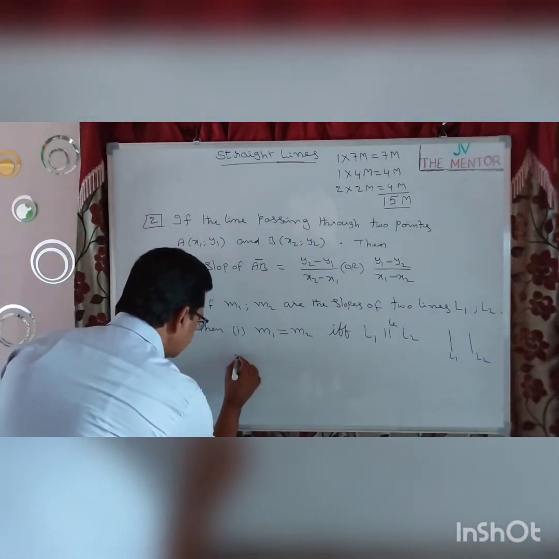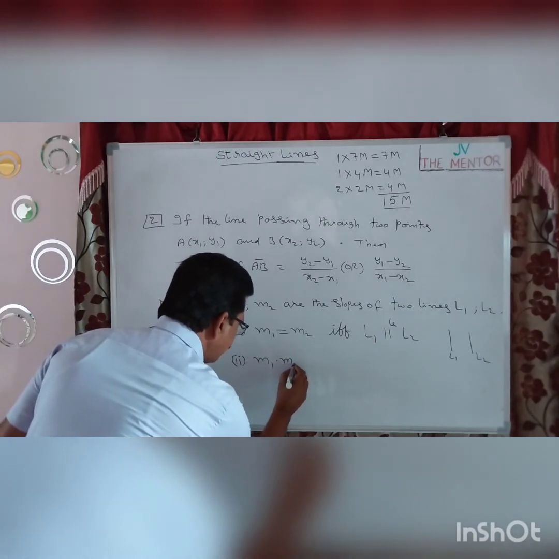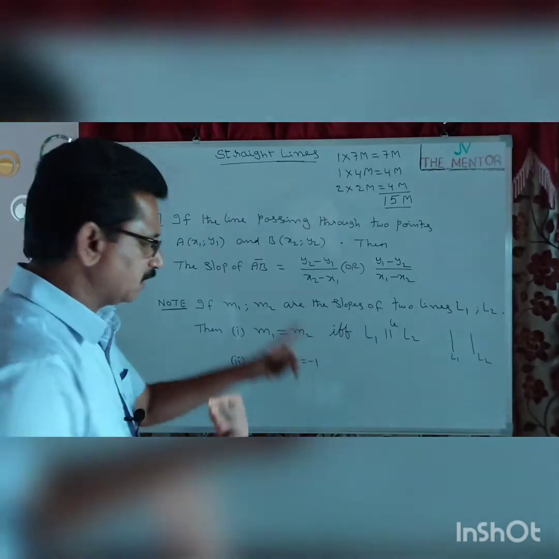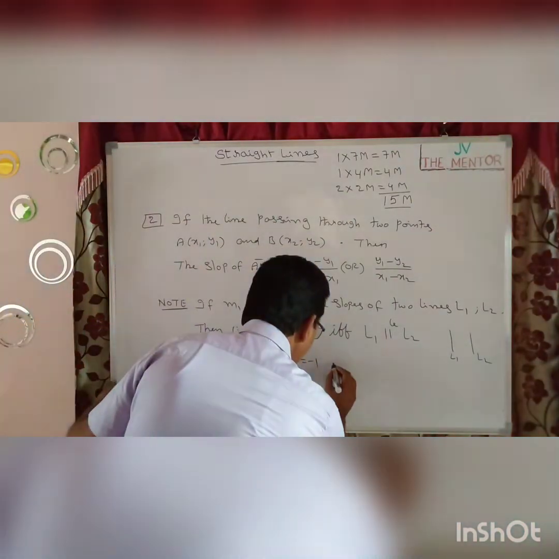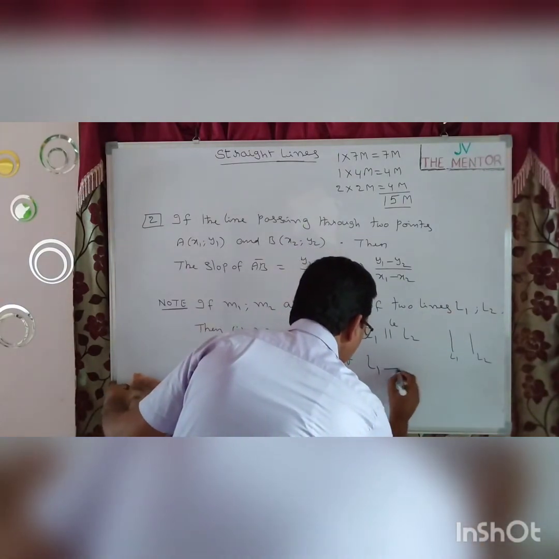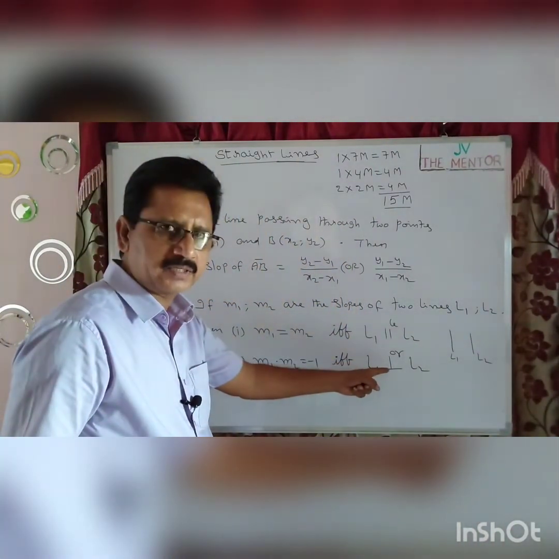Second point, M1 into M2 equal to -1. That means the product of the slopes equal to -1, if and only if L1 is perpendicular to L2. This is the symbol of perpendicular.